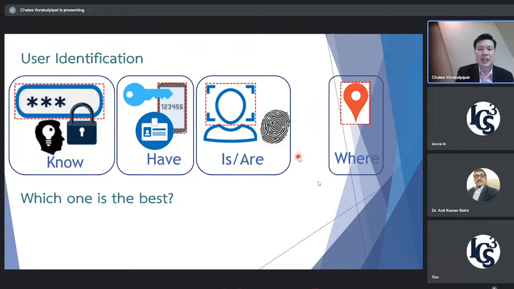Okay. Sometimes people use somewhere you are, or location, as user identification, but actually it is not. We just use location to help support user identification.